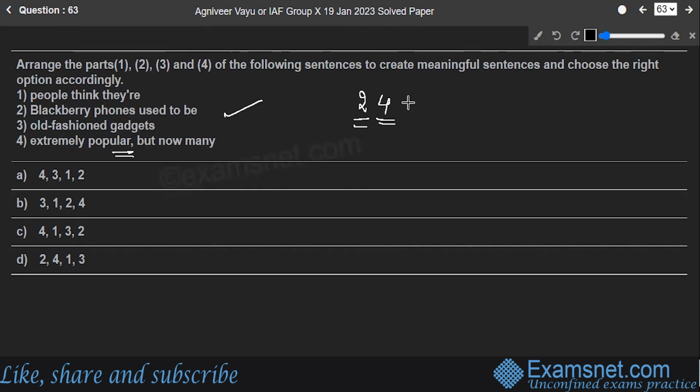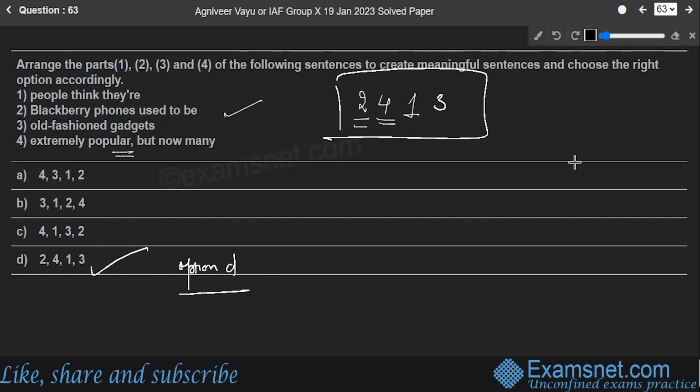This is absolutely making sense. Okay. Sorry, the last one is 3. So this is BlackBerry phones used to be extremely popular, but now many people think they are old-fashioned gadgets. So it is 2, 4, 1, 3. Option D. Hope you understood.